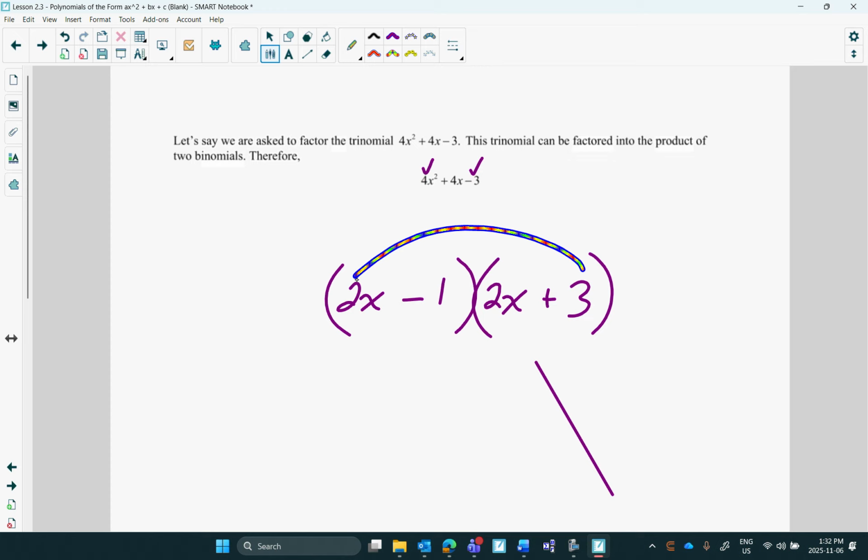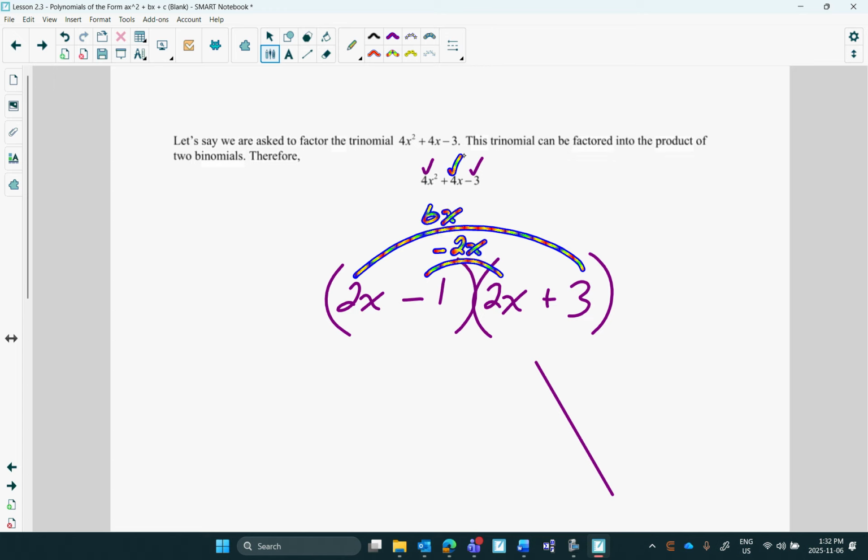2x times 3 is 6x. -1 times 2x is -2x. When I add those together, what do I get? 6x and -2x.